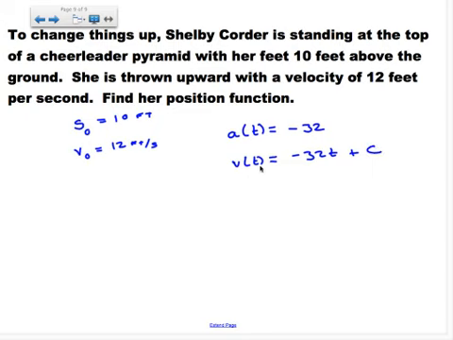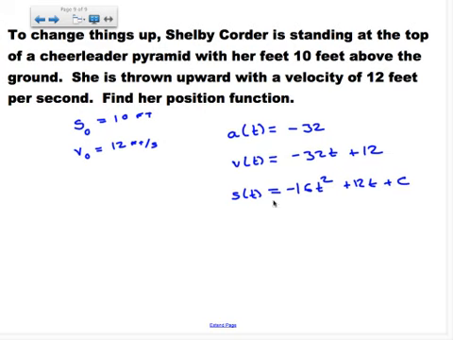Well, if I plug in 0, I'm going to get v of 0 equals 0 plus c. So c is the v of 0, and the v of 0 was 12. So I can erase that c, replace it with the 12. And then to get to the position function, I need another antiderivative. Negative 16t squared, that's after adding 1 to the exponent divided by 2, plus 12t plus another constant.